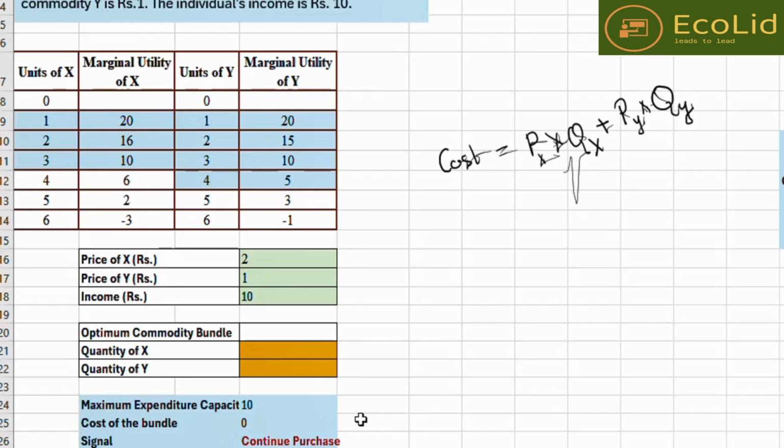Now the next step, we will move to identify the marginal utilities by adjusting the price. So let us move to the next step.